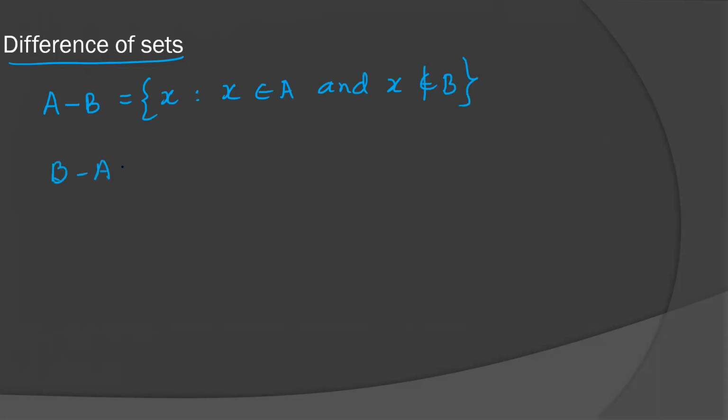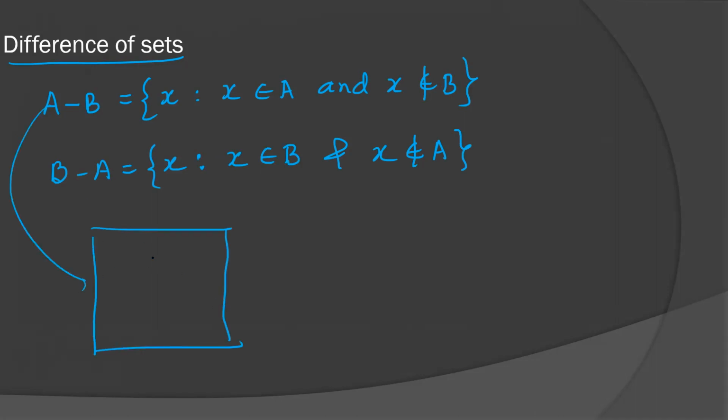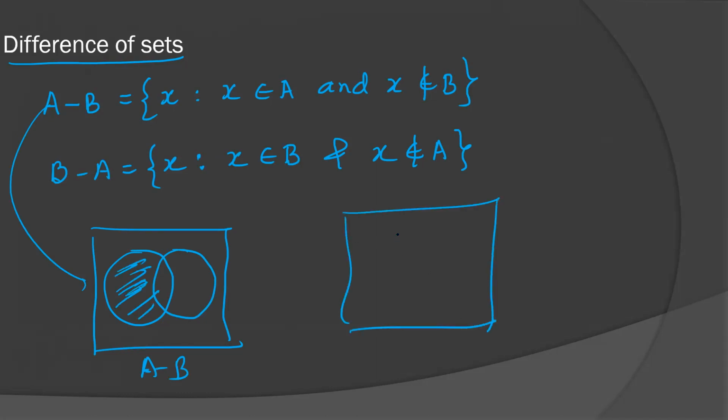Or B minus A is the collection of all X belonging to B and X is not belonging to A. If you want to draw the Venn diagram for A minus B, X is belonging to A but not B. A but not B, so this is A minus B. What about B minus A?